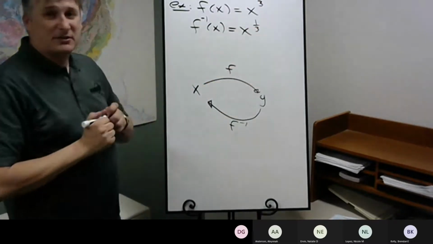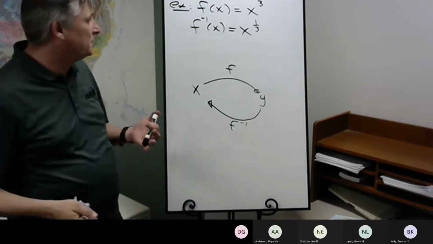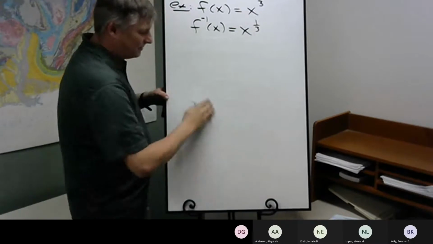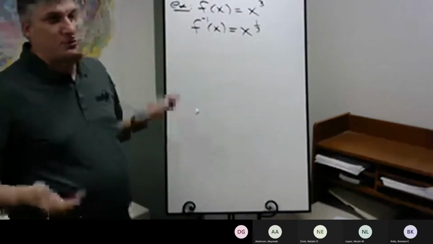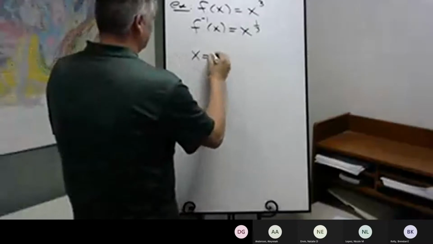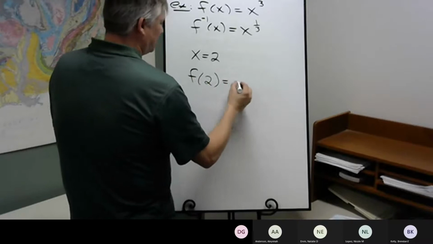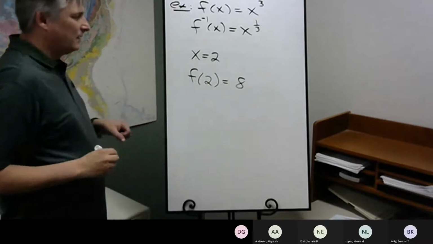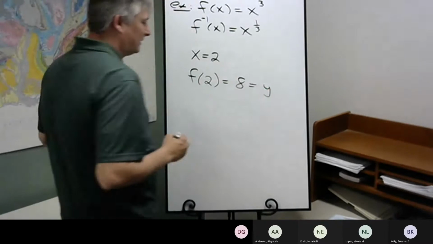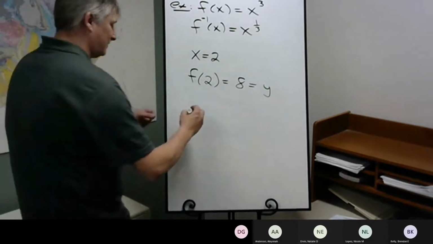So we have f of x is x cubed, and then f inverse of x is x to the 1/3. So let's say we choose x equals 2. Well, then f of 2 gives us 8. So this is going to be our y. Now let's take this y value and put it into the inverse.